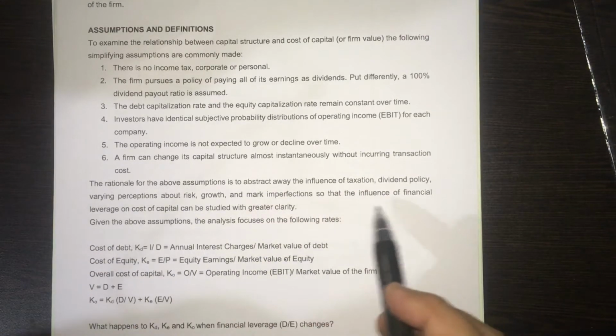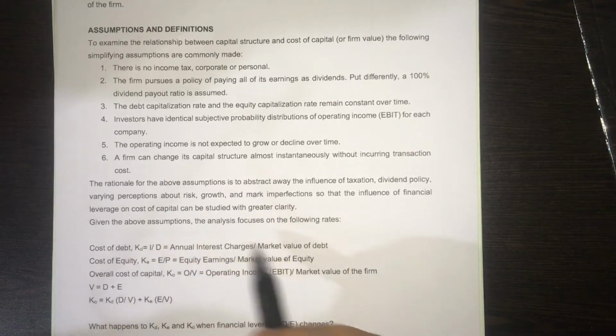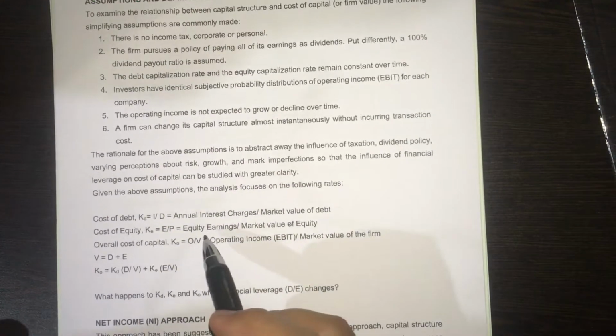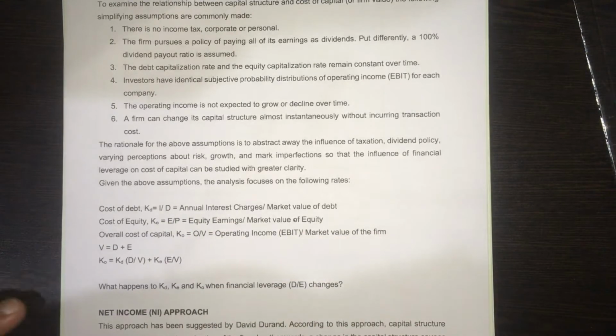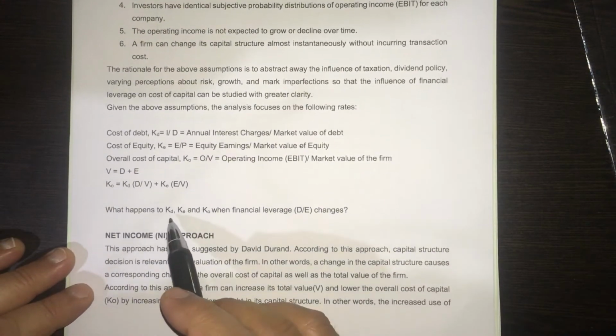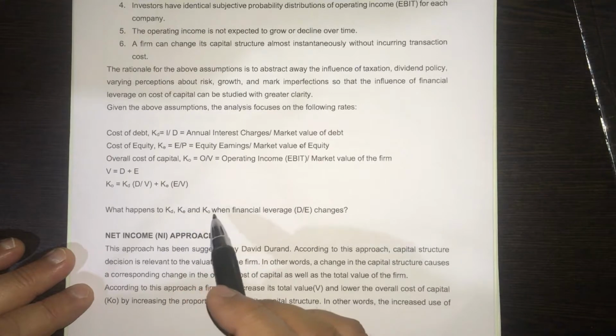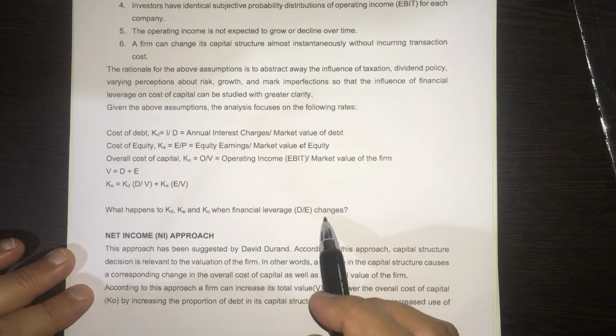And here are a few definitions. KD is equal to I by D. Now, don't worry about all this. While solving the problem, I'll be touching on these things again. So, what will happen to KD, cost of debt, cost of equity, KE, and the overall cost of capital, KO, when financial leverage, the debt equity ratio, changes?